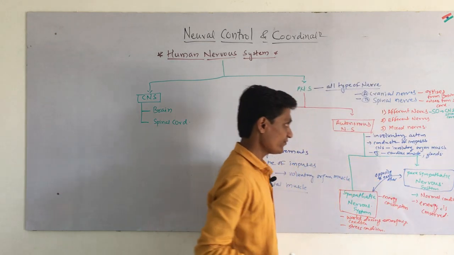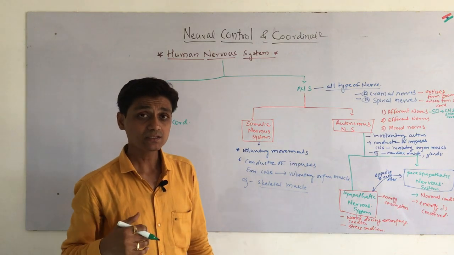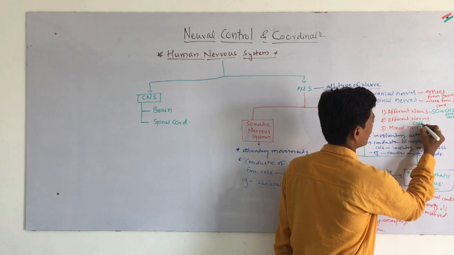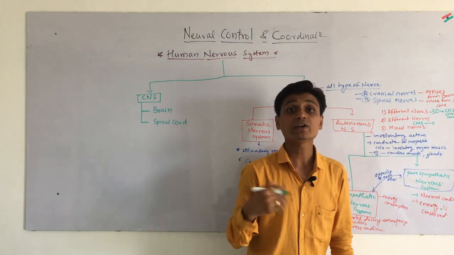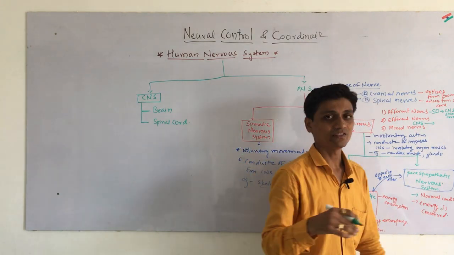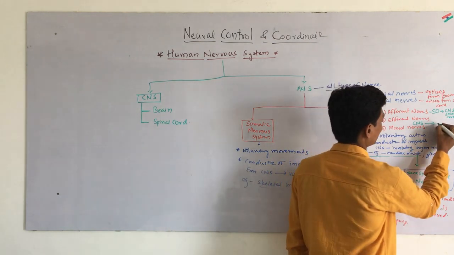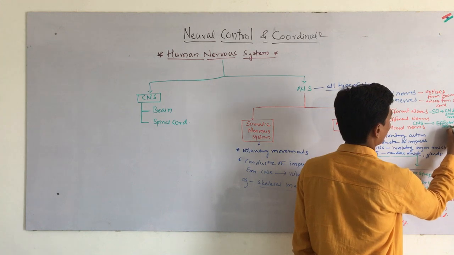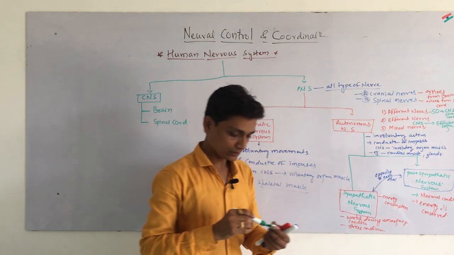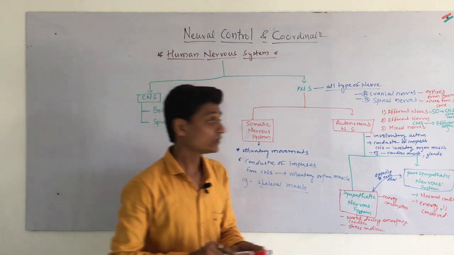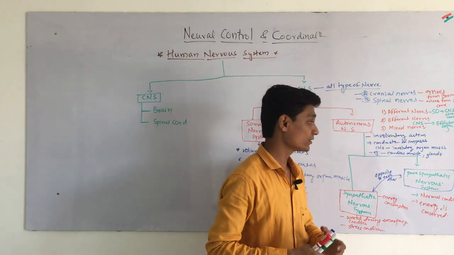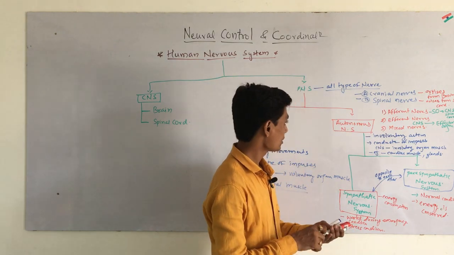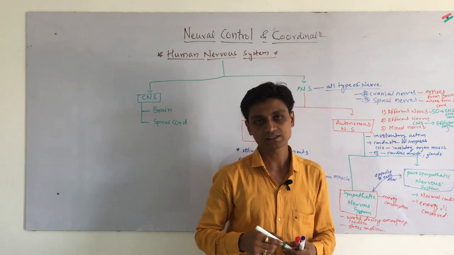While efferent nerves bring the impulses from the CNS to the effector organ where the action should be completed. While mixed nerves show both activities, afferent nerve activity as well as efferent nerve activity. All the spinal nerves are mixed nerves.